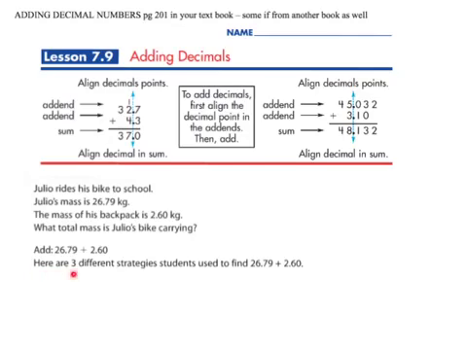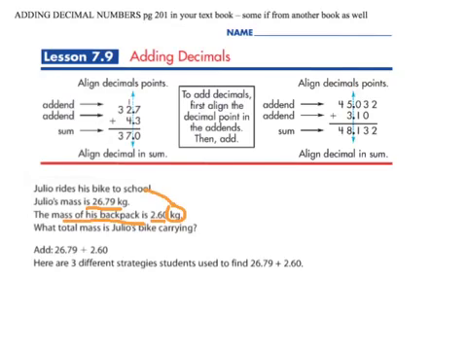All right, so we're going to look at 3 different strategies that were used to solve this problem. Julio rides his bike to school. Julio's mass is 26.79 kilograms. The mass of his backpack is 2.60 kilograms.